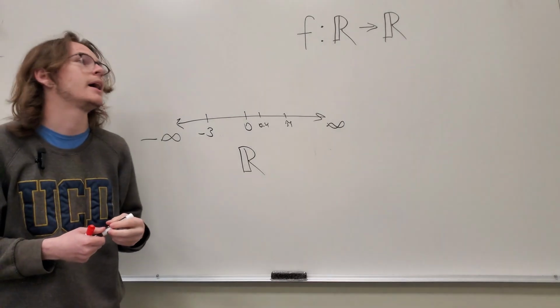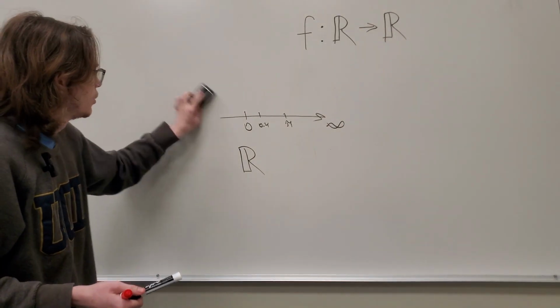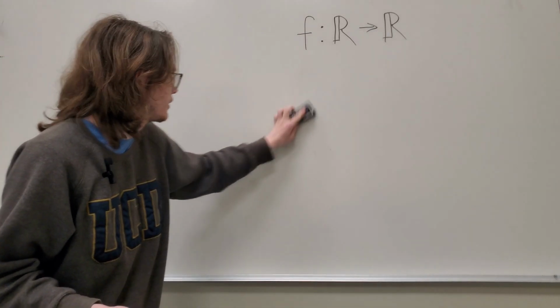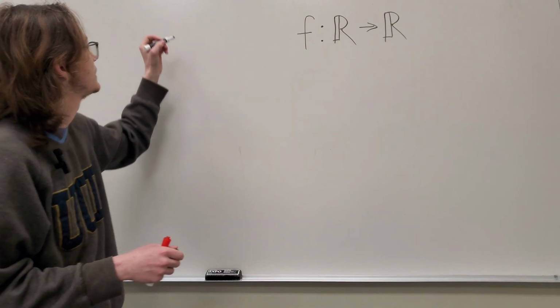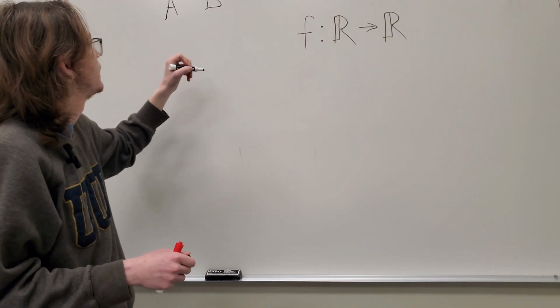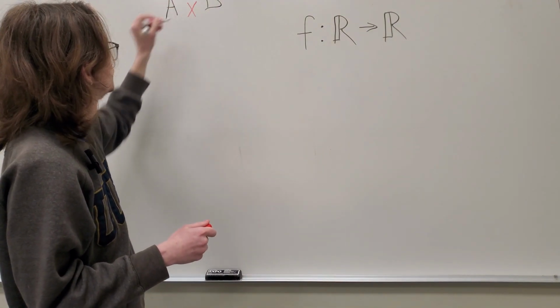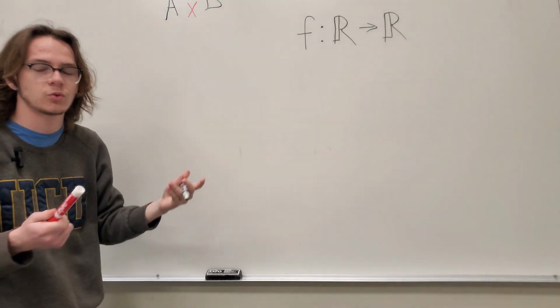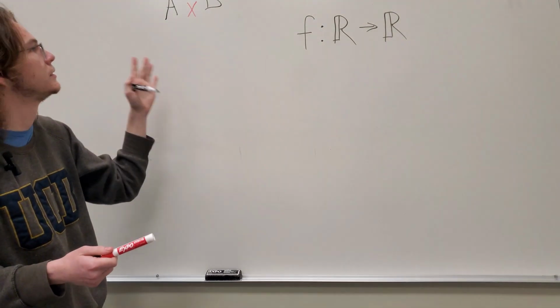Now, there is an operation in set theory which is called the Cartesian product or the Cartesian cross. Let's say you've got some set A and some set B. The Cartesian cross or the Cartesian product is just that, A x B, or A cross B. This is assuming, again, that A and B are sets. Hopefully you can see that.